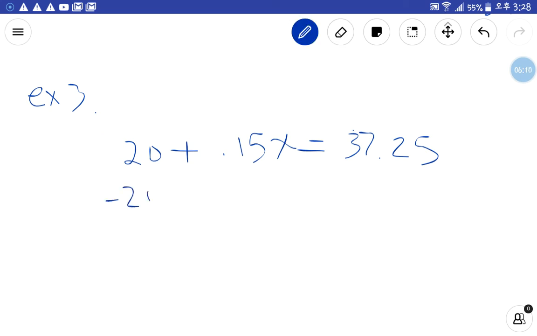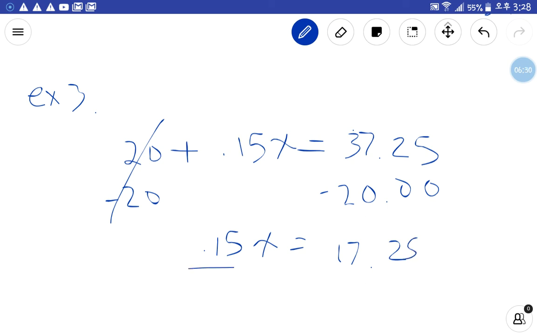So we undo addition or subtraction at the beginning. So you can just subtract 20 on each side, but make sure that 20 means $20.00. So you got 0.15x equals $17.25. Now what? Divide by 0.15, then you can get your answer.